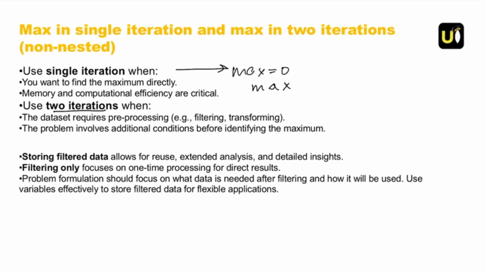So in the first step, we are filtering out the data, and in the second iteration, we are finding the max. So this requires pre-processing. The pre-processing could be filtering or transforming. The problem involves an additional condition before identifying the max. The additional condition could be adding a filter or anything. So that is about two iterations.